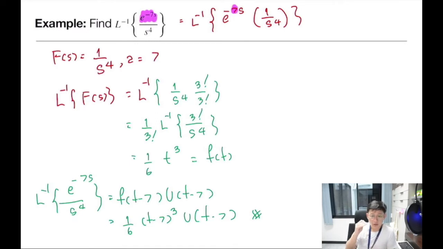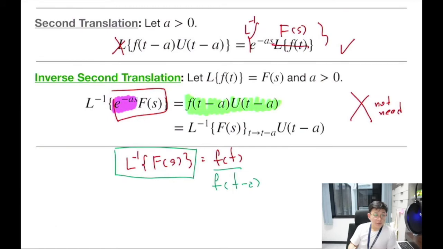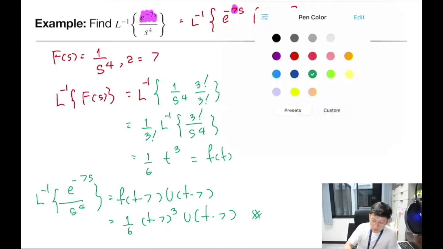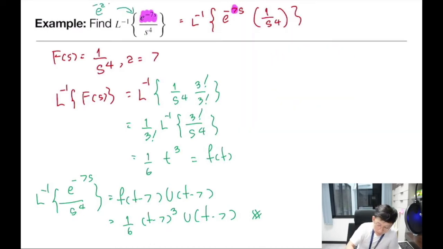To sum it up, if you compare this one with this form, this guy is e to the minus as, e to the minus 7s, which means that a is actually 7. The rest would be the big F(s). So L inverse of the big F(s) would be L inverse of 1 over s to the 4.